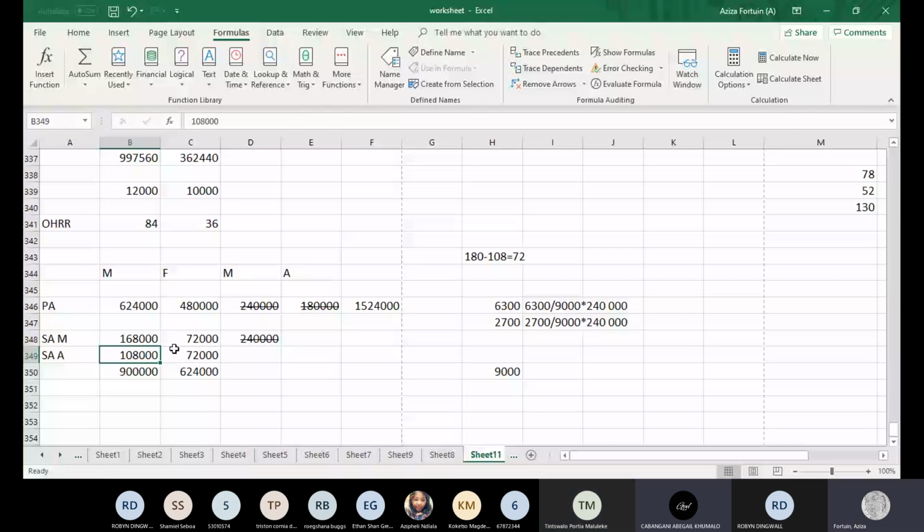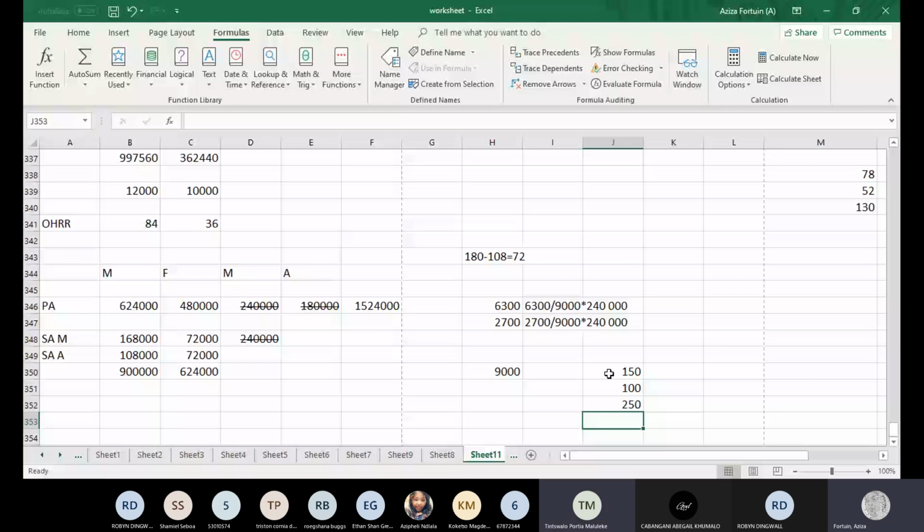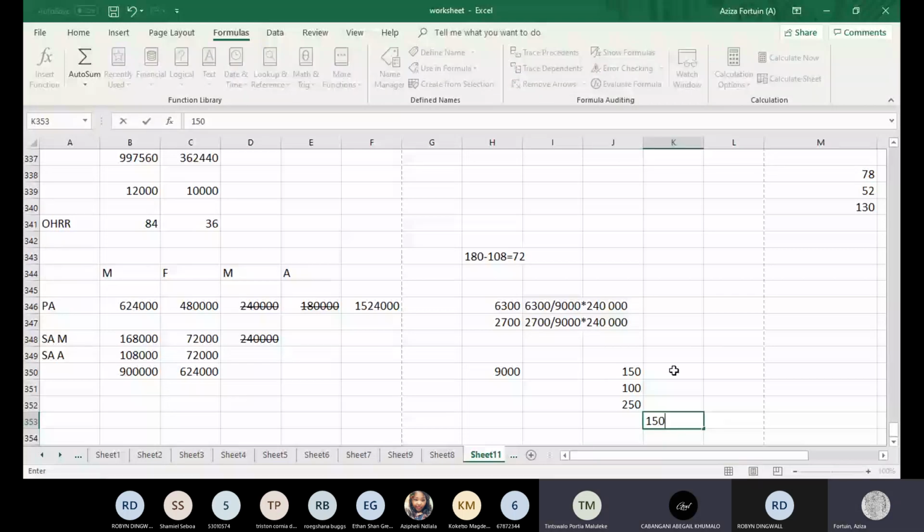No, the administration renders service to production departments and the costs are allocated based on the number of employees. So I'm assuming it was 150 plus 100 is 250. So 150 divided by 250 times the 180,000. And that's how we should have got it. Oh, okay. All right. My pleasure.